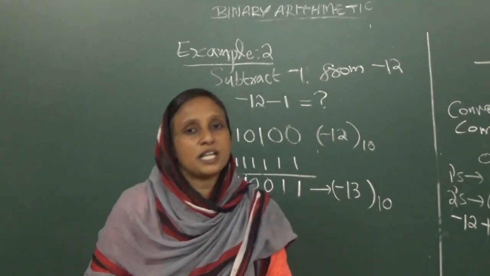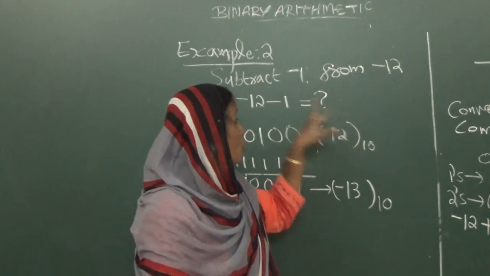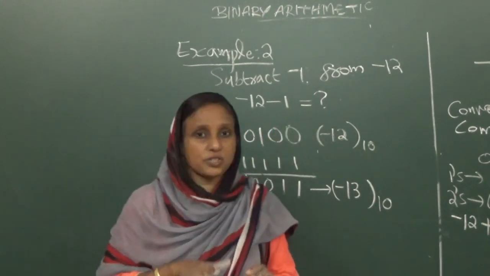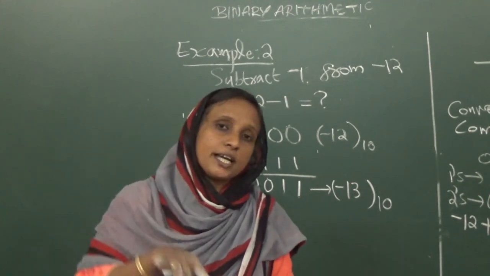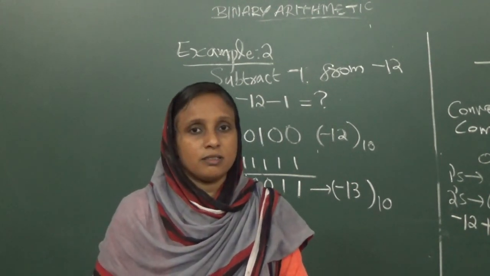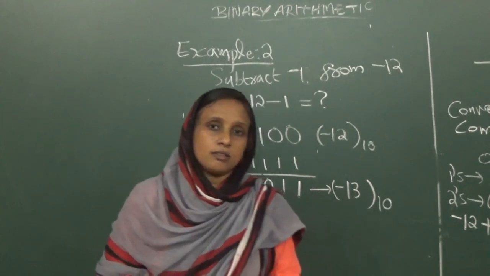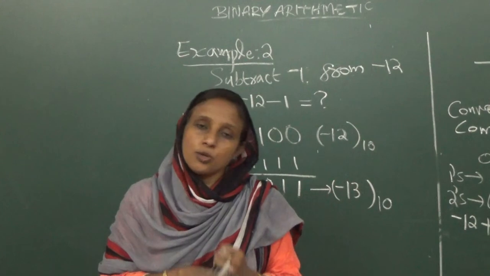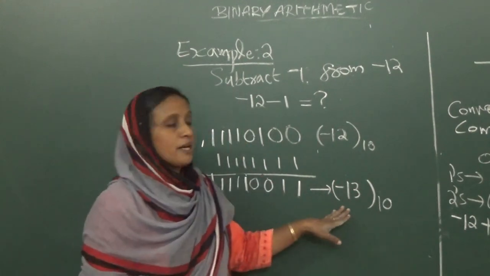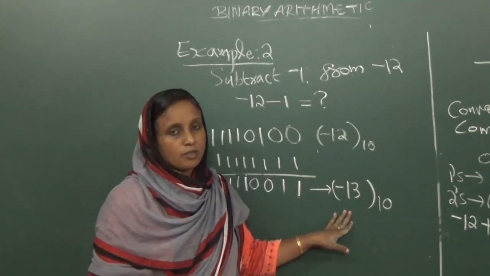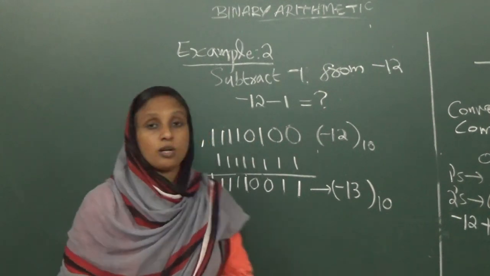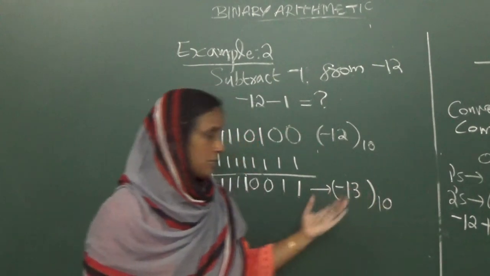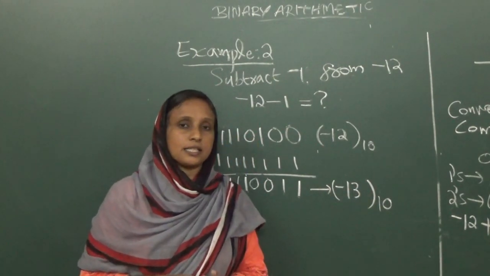It is called minus 12. Then we move on to the number being subtracted. That number is 1, so we have to take its 2's complement. That means minus 1. By adding minus 12 to minus 1, you get its equivalent, minus 13. Okay? So I think you can do your own ways to these types of binary subtractions.